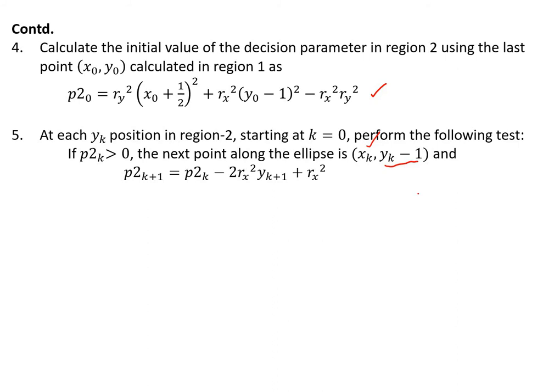Suppose we are already at this pixel and we want to move. Xk will remain the same. So if p2k is greater than 0, the next point we are going to take is here. X will remain the same, yk will decrease, will come down.